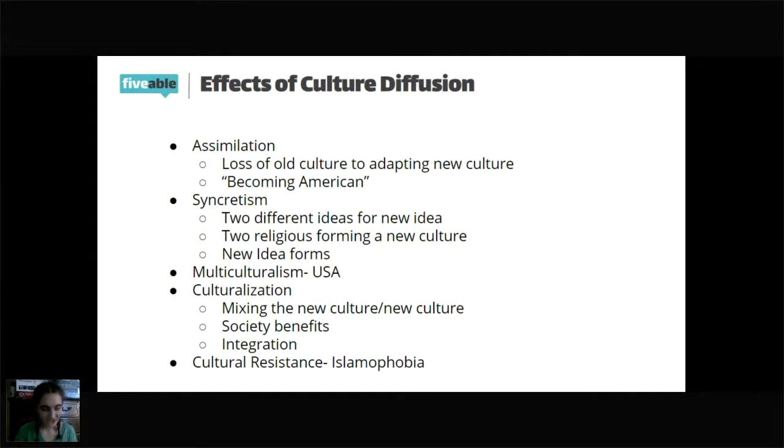It's the rejection of Muslims in the US, whatever the cause, because of their religion, because of their beliefs. But this is an example of cultural resistance, because the culture is not being accepted into the American culture or this new culture.